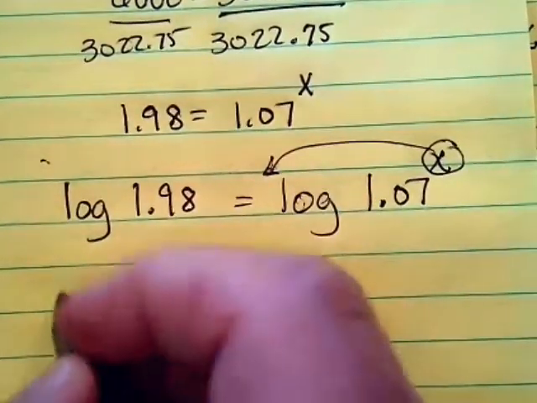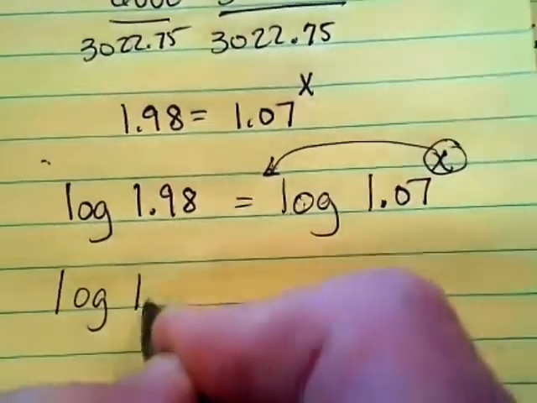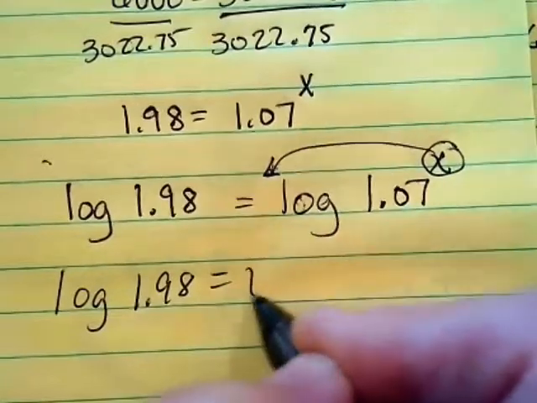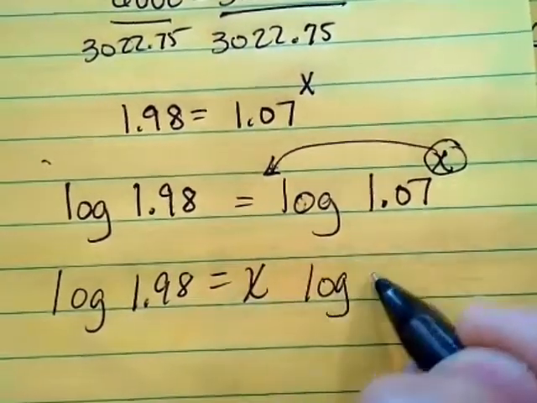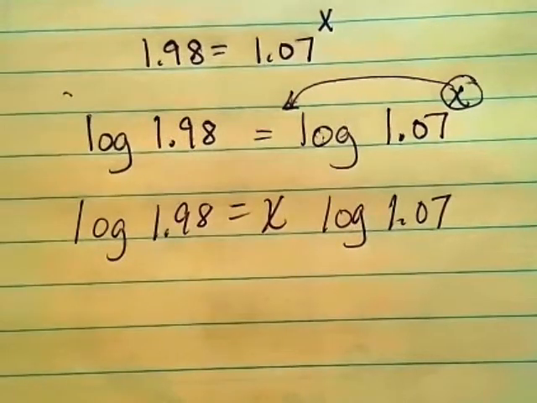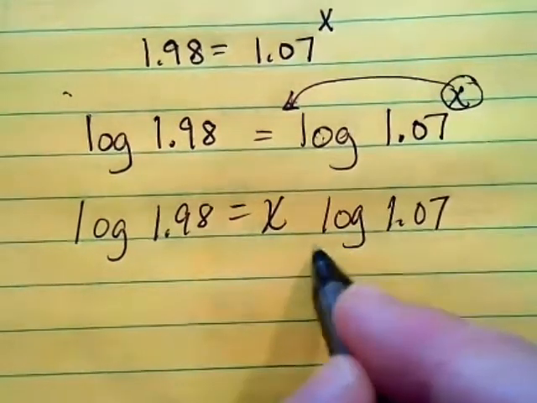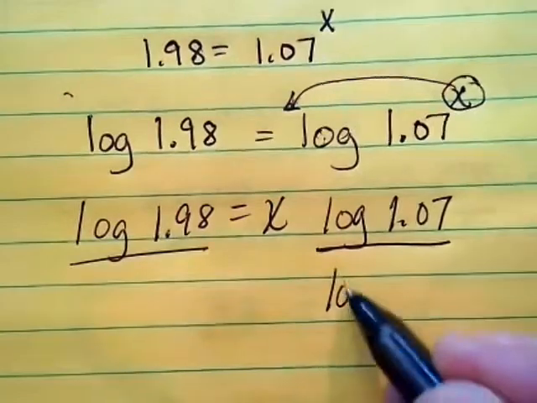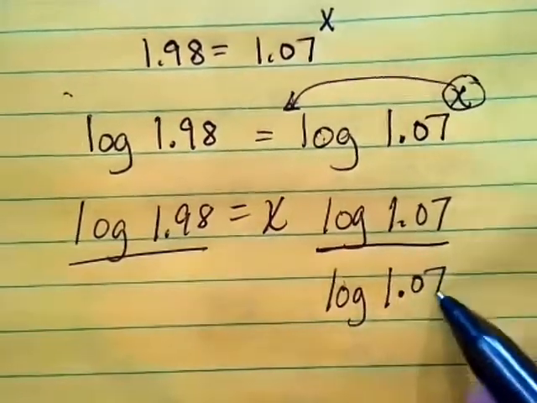It releases that x. So it's log of 1.98 equals x times the log of 1.07. Now, you think, okay, it's going to get real complicated, but really it's not. Now you just divide both sides by the log of 1.07.